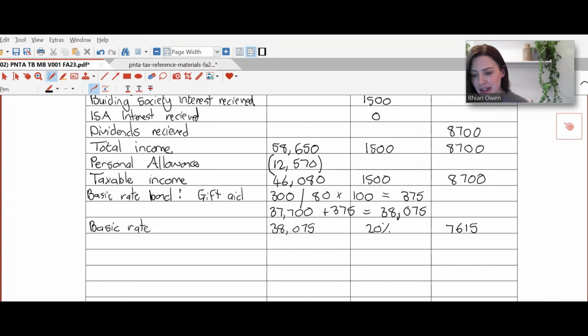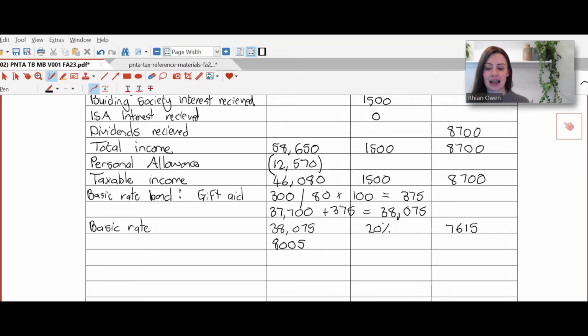So taxable income for non-savings income is 46,080, and we've taxed £38,075 of that. So that means that we've still got 8,005 of that non-savings income remaining.